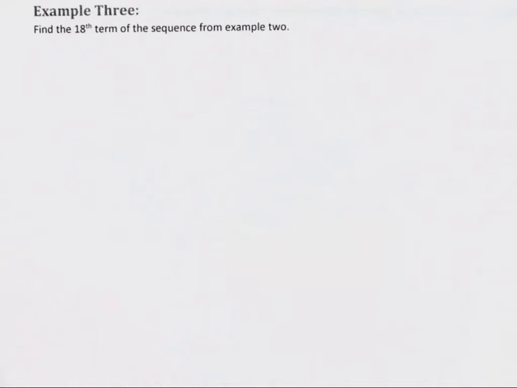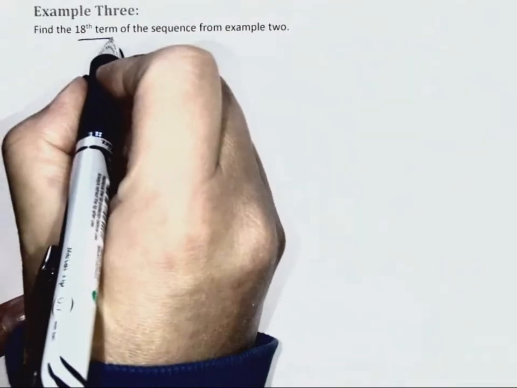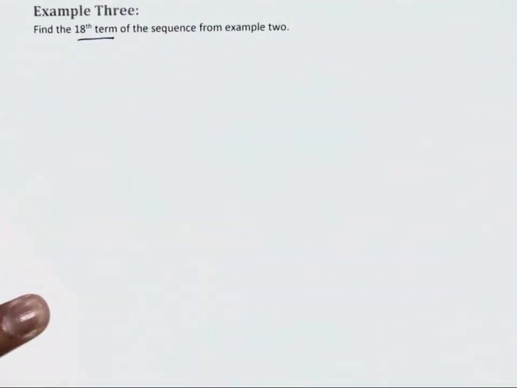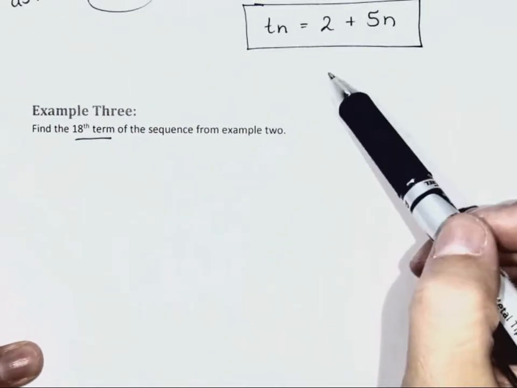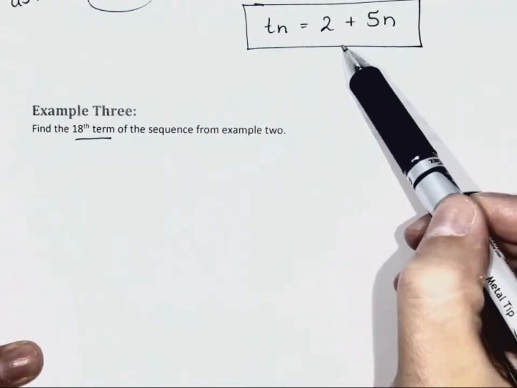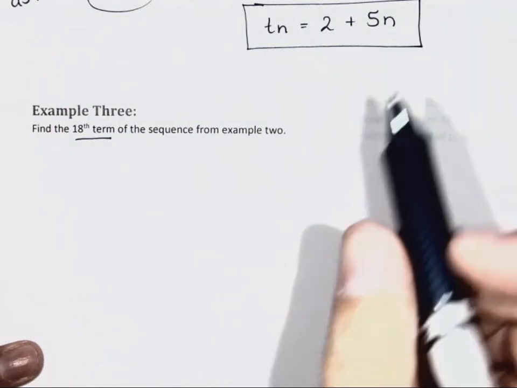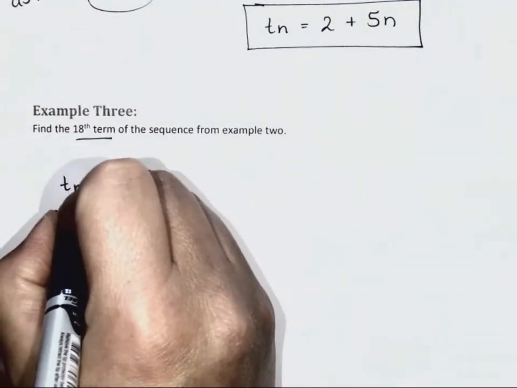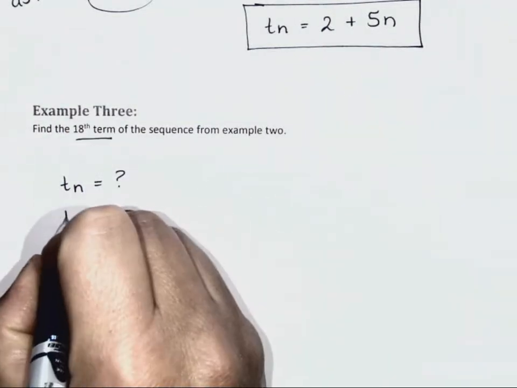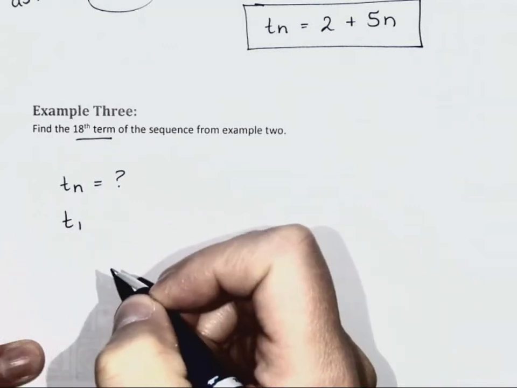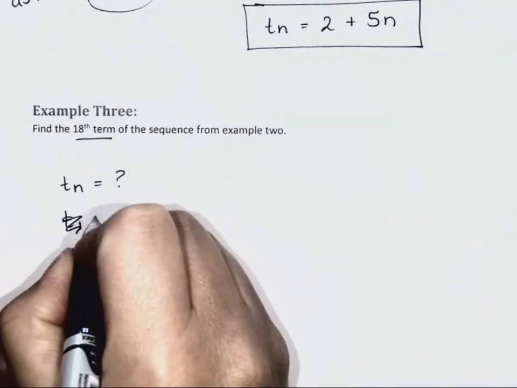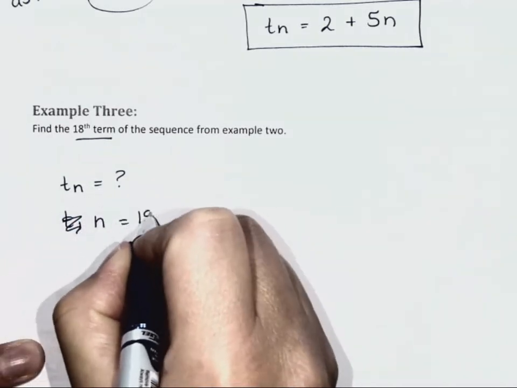Okay, find the 18th term of the sequence from example 2. Perfect. So I'm going to use the formula that I solved for. I know that Tn, I'm looking for the 18th term. All I really need to know is n now, and n is 18.